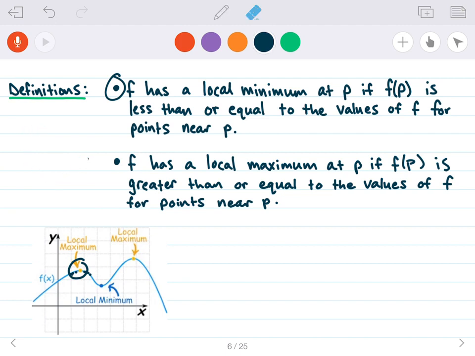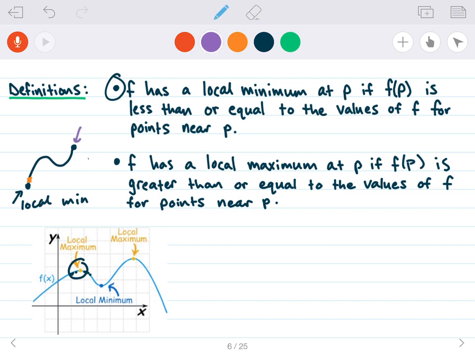Maybe I'll draw it like this. Let's actually draw it like this. So maybe something like this. So this is also a local min because relative to the points very close to it, it has the smallest y value. So yeah, endpoints can also be local maxes or local mins.